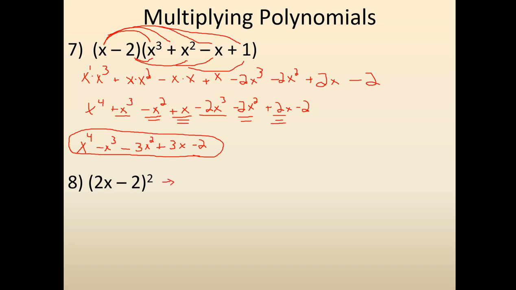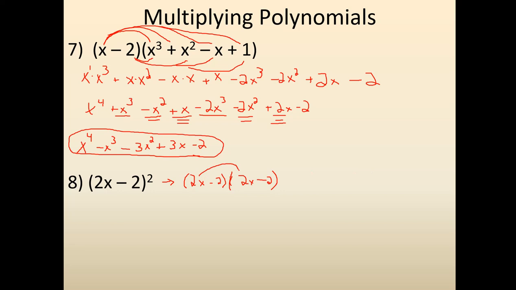Instead, we're going to rewrite this as 2x minus 2 times 2x minus 2. Because remember, when you have a binomial raised to a power, you're basically multiplying it that number of times. If this was cubed, I would add in another times 2x minus 2.